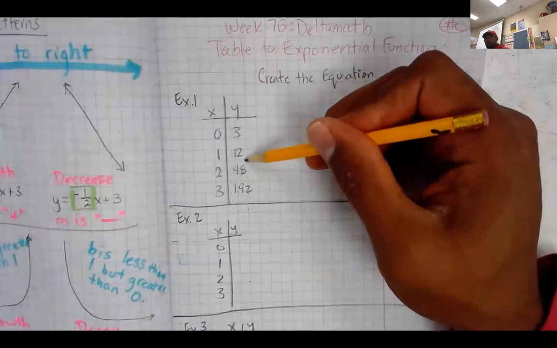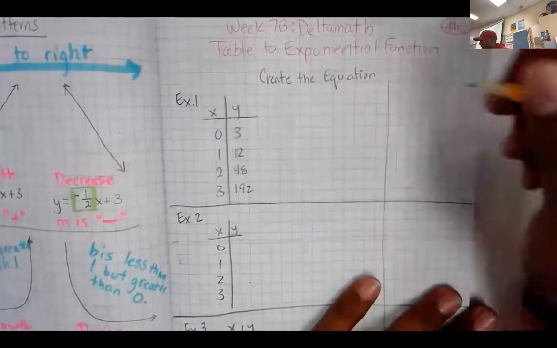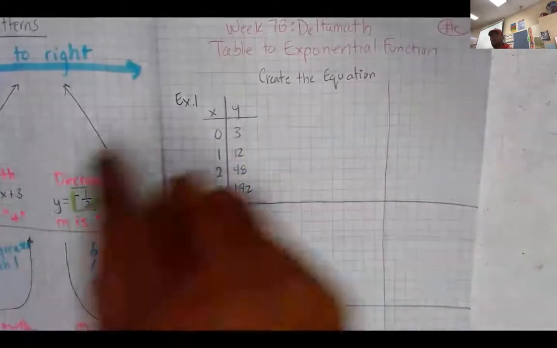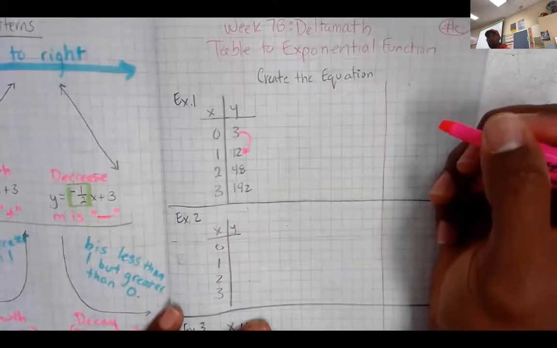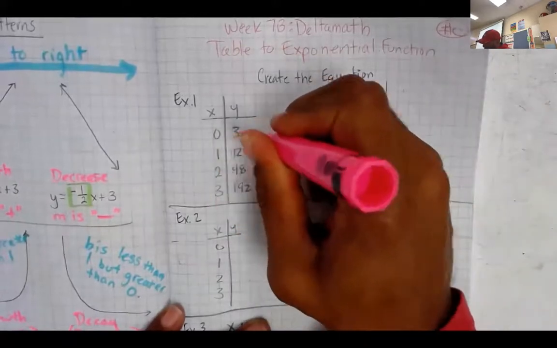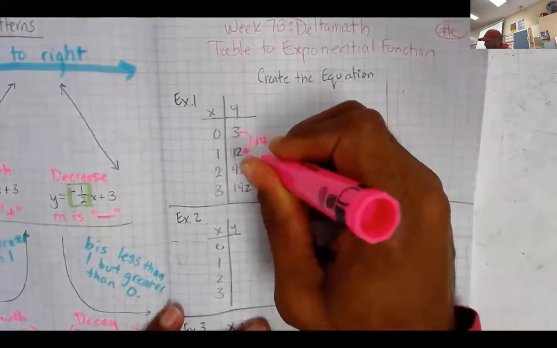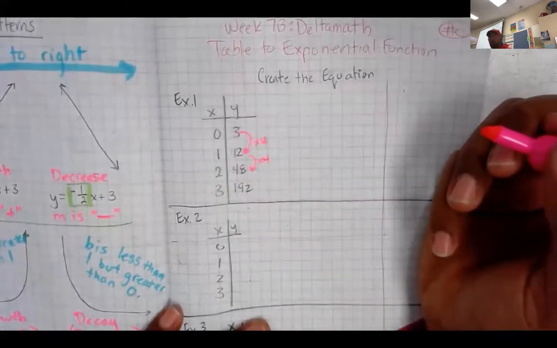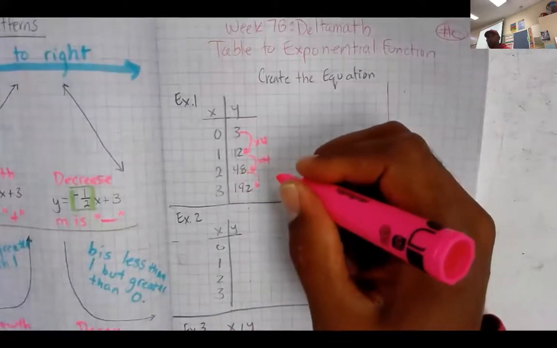We're not adding 36. It's changing in a different way, okay? And the way it's changing from number to number is that it's multiplying. So from 3 to 12, we're multiplying by 4. From 12, if I do the same thing here, I'm also multiplying by 4.